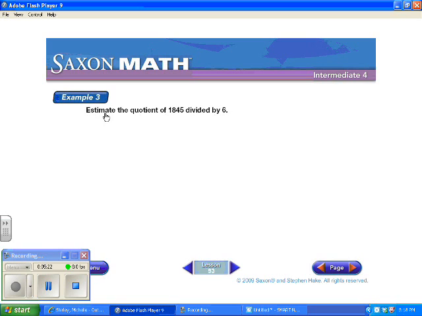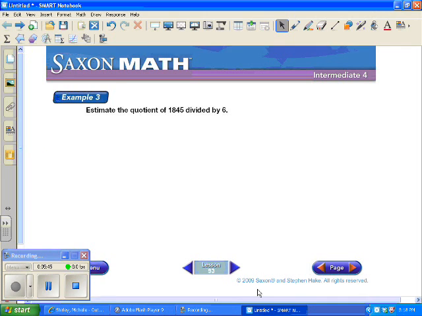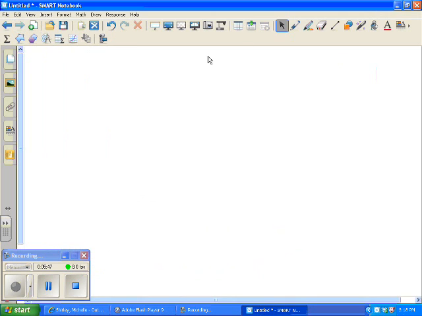So since I get to estimate, I want to round this off to something that would work with the 6 very easily. And if I round this off to 1,800, it's going to be easier to work with mentally than if I rounded it off to 2,000. Do you see that? So if we round this off to 1,800 divided by 6, here's what it would look like.